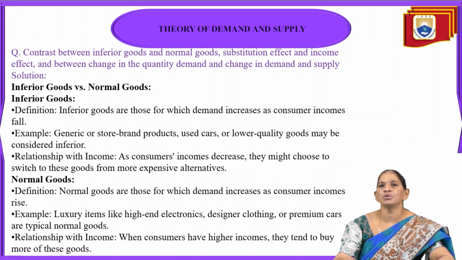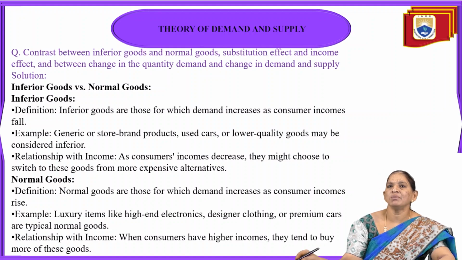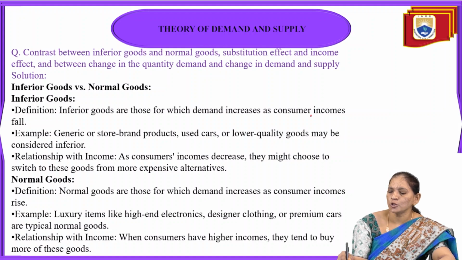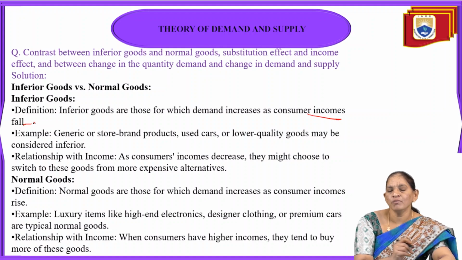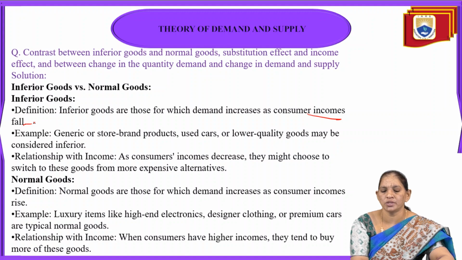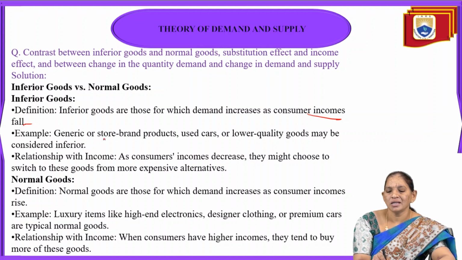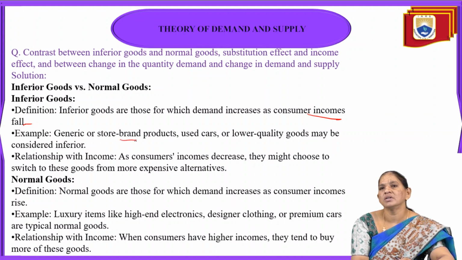Inferior goods are those whose demand increases as consumer income falls. Means low cost goods, which may be called generic or store branded goods, like used cars, or low quality goods.